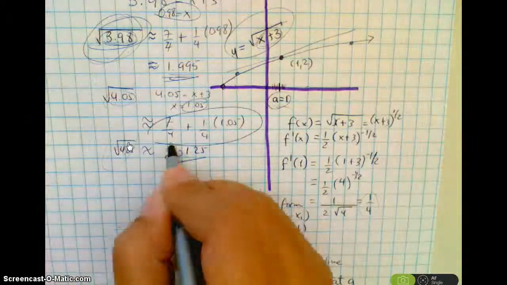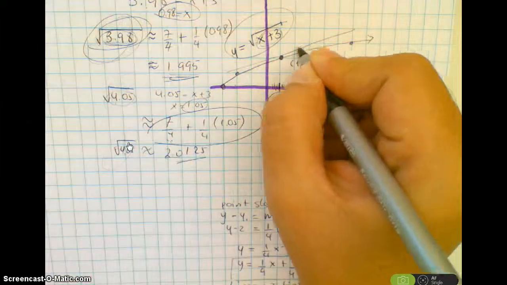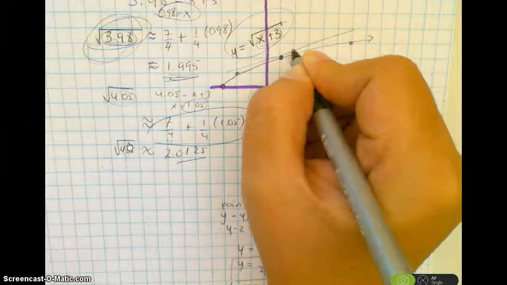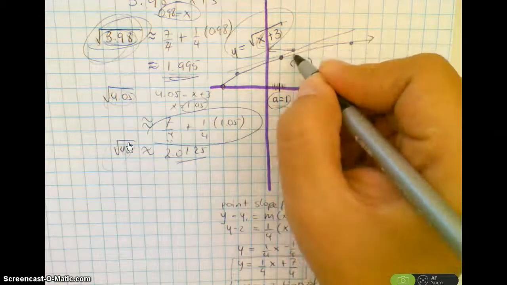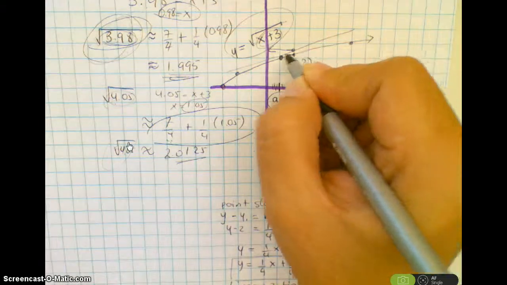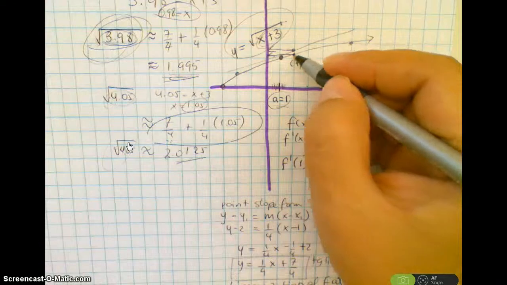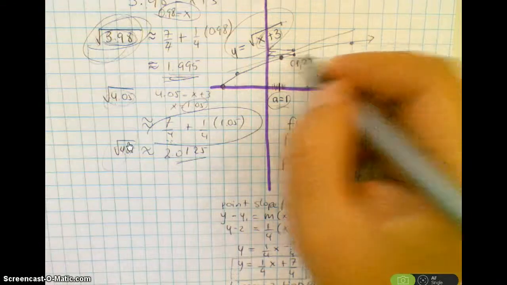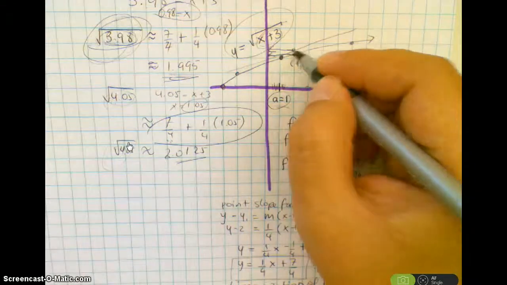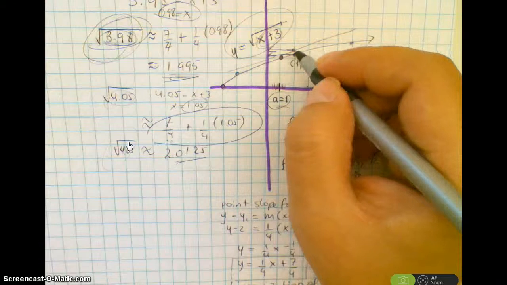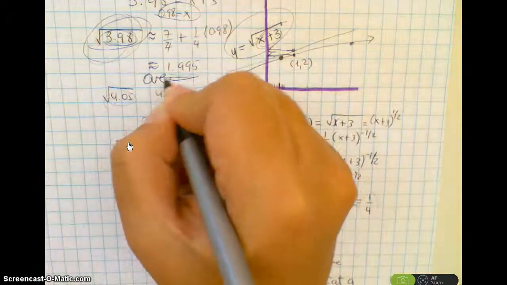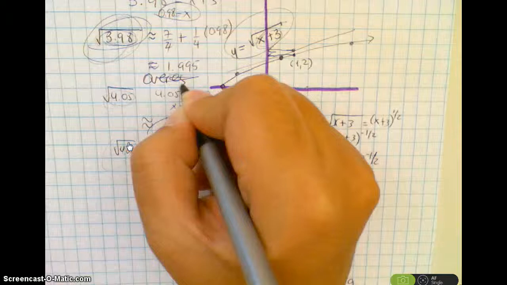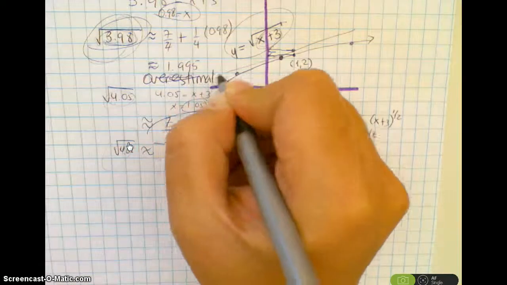These are the values that I get from the tangent line. So from the tangent line, I will get this y value, and the real one will be here. So you see how the y value for the real thing is lower than the y value from my tangent line. So in this case, this is an overestimate because I'm saying a y value that is higher than the real thing.